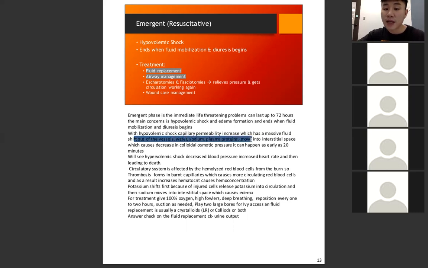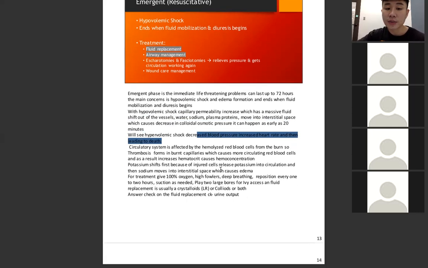Water, sodium, and plasma protein move into the interstitial space, which causes a decrease in colloid osmotic pressure. It can happen as early as 20 minutes. We'll see hypovolemic shock, decreased blood pressure, increased heart rate, and then leading to death.